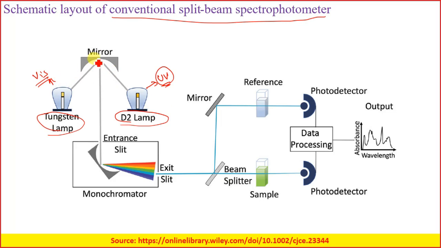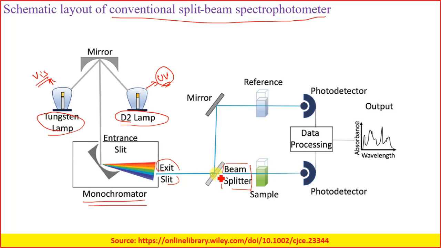Okay, and accordingly the radiation enters a monochromator. Within the monochromator you have the diffraction gratings, so the radiation is split or decomposed, and it has an exit slit. Through this exit slit the beam comes out, and then there is a beam splitter which we already discussed.